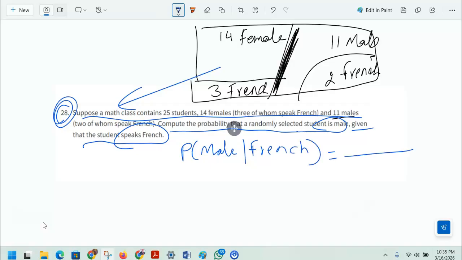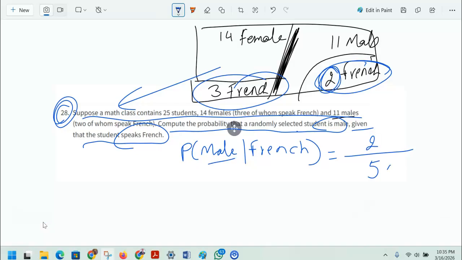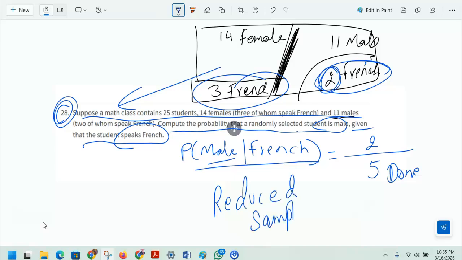So how many students speak French? You can see this is 2 plus 3, there are 5 of them. And of these, how many are male? 2. So 2 out of 5 and you are done. I'm using a shortcut because I'm so tired, so this is using reduced sample space.